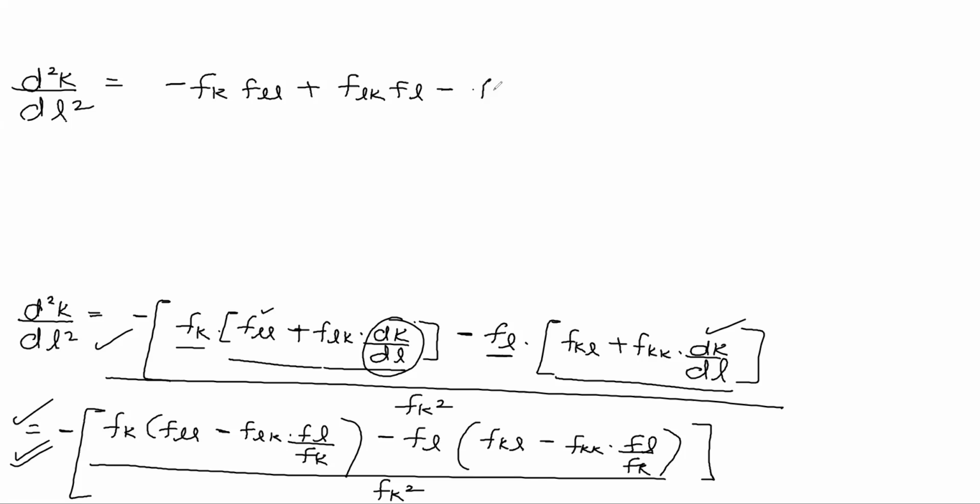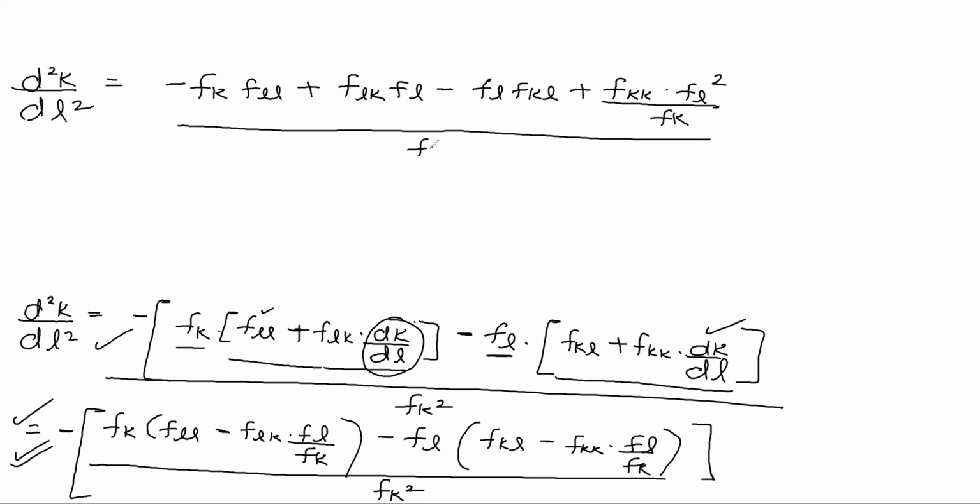minus FL FKL plus FKK plus FKK into FL square divided by FK, whole divided by FK square.